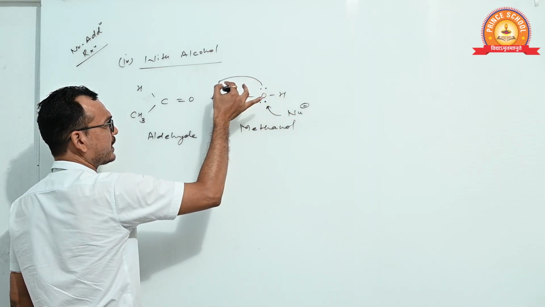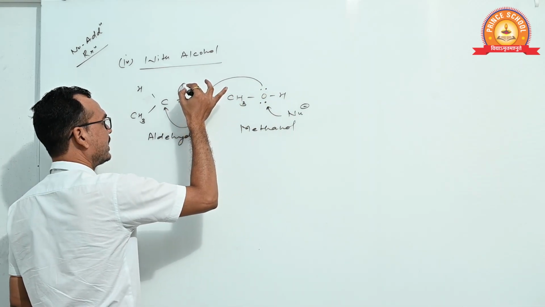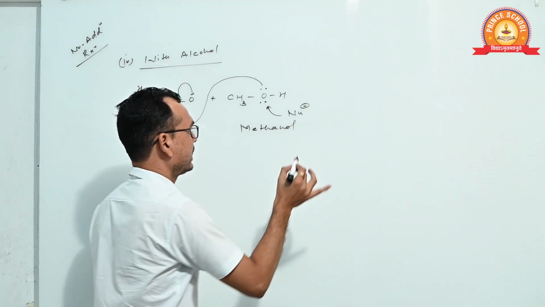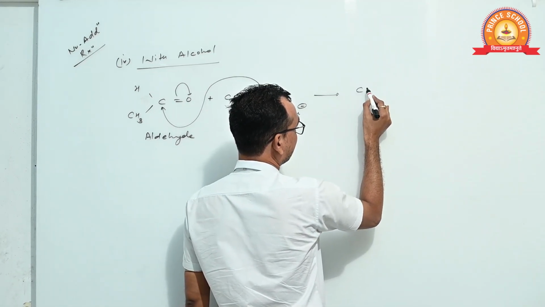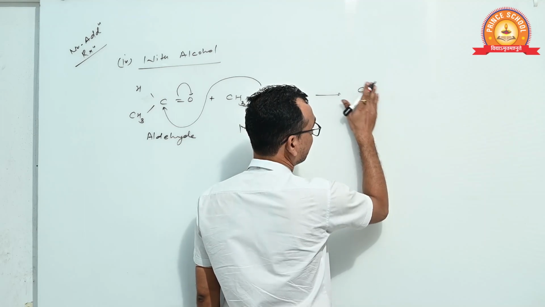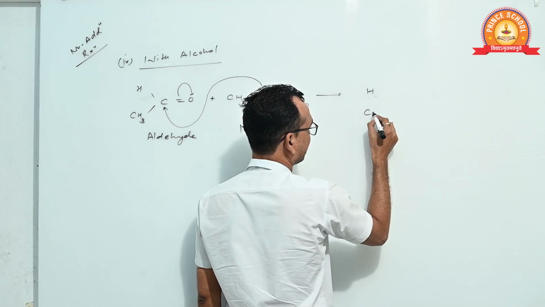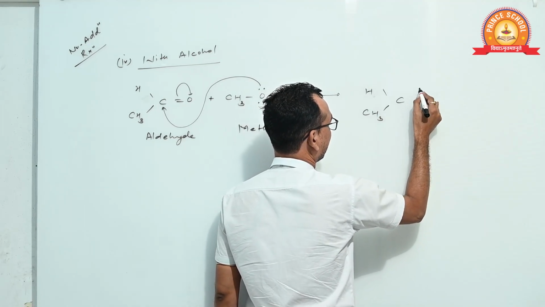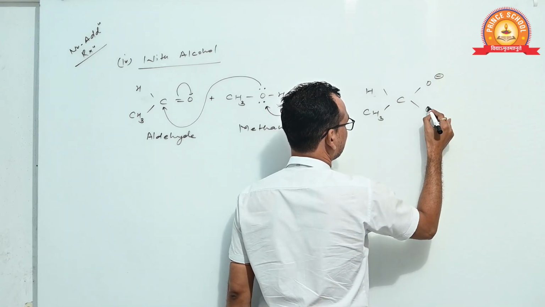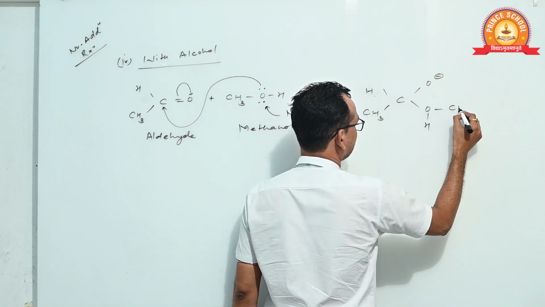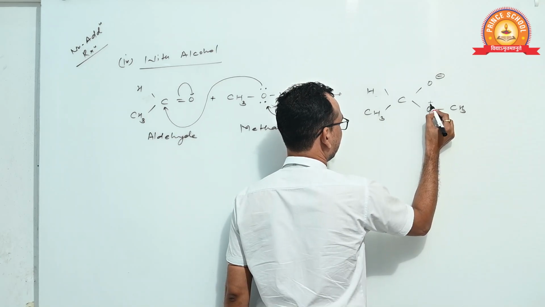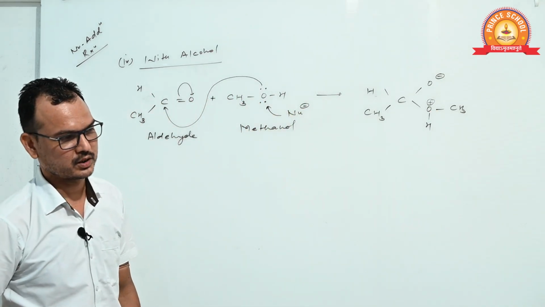So this nucleophile attacks this carbon atom and electron density transfers to the oxygen atom. Then we get CH3, H, CH3 and negative charge oxygen, H, CH3. This oxygen is trivalent, so it bears the partial positive.